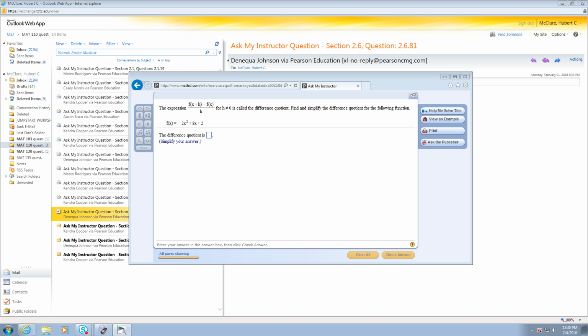All over h. So your final answer should be negative 2x minus h plus 8. And the first derivative of this is negative 4x plus 8. So we've got something wrong.